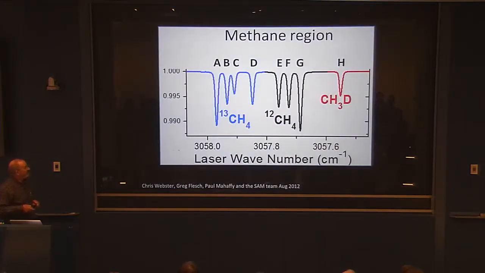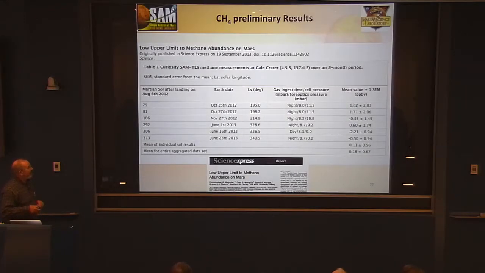So again, using the TLS, and this is the blow-up of the spectral region of interest by the tunable laser spectrometer, they're able to very precisely determine whether there's methane there or not, and potentially its isotopic composition.